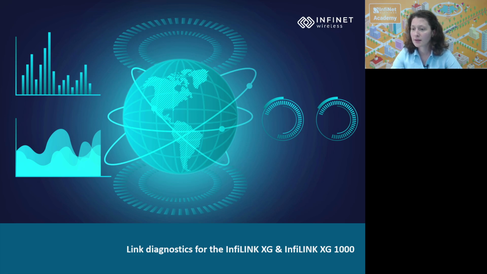Next, Nick is asking if crosstalk is the same as cross polarization isolation. Actually, no. The cross polarization isolation is a parameter that is specified by the manufacturer. It is the difference between polarizations.